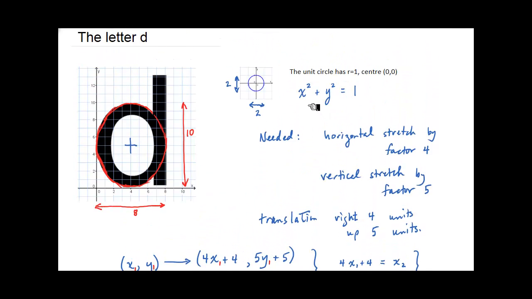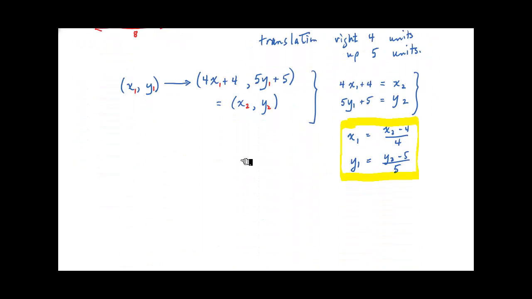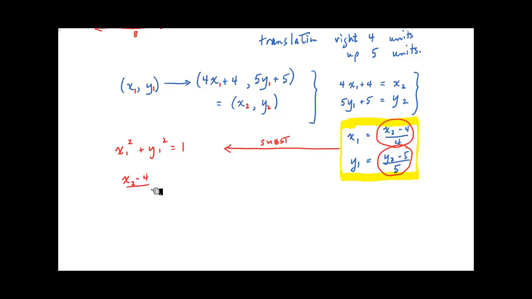Our original parent equation is up here, and we'll put subscripts on the x and the y, meaning that's the original or the parent. So when we make substitutions into that equation, which was x1 squared plus y1 squared equals 1, then we're going to have this thing squared and we're going to have that thing squared. So that will give us ((x2 minus 4) over 4) squared plus ((y2 minus 5) over 5) squared equals 1.